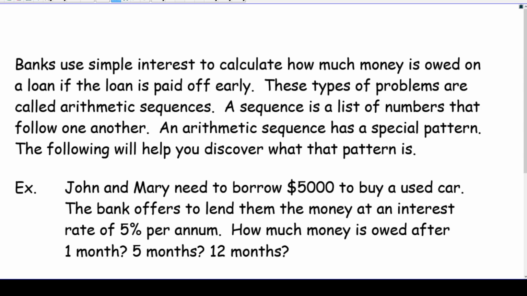Another place where you'll see simple interest used is if you go to buy a car, which is in fact my first example here. If you go buy a car, the car companies themselves could finance the loan for you, or you could go to a bank to get the loan as well.